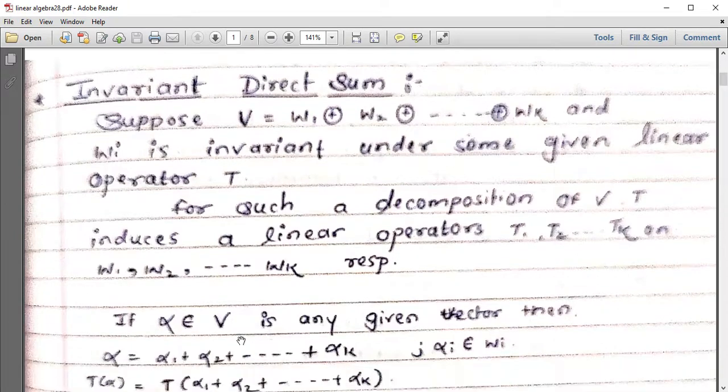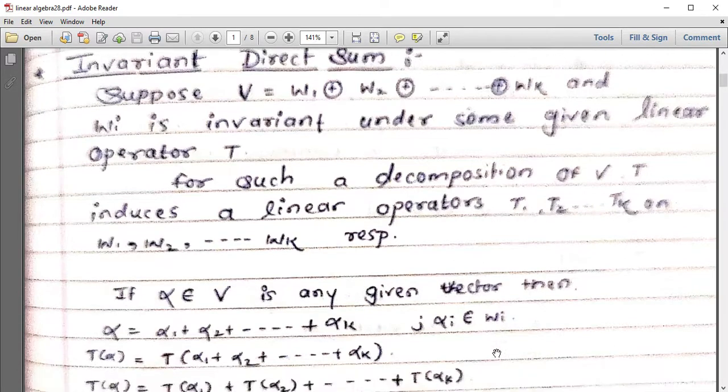That is, if alpha belongs to V is any given vector from the vector space, then alpha can be uniquely expressed as alpha is equal to alpha 1 plus alpha 2 up to alpha k by the definition of direct sum, where alpha i belongs to Wi.